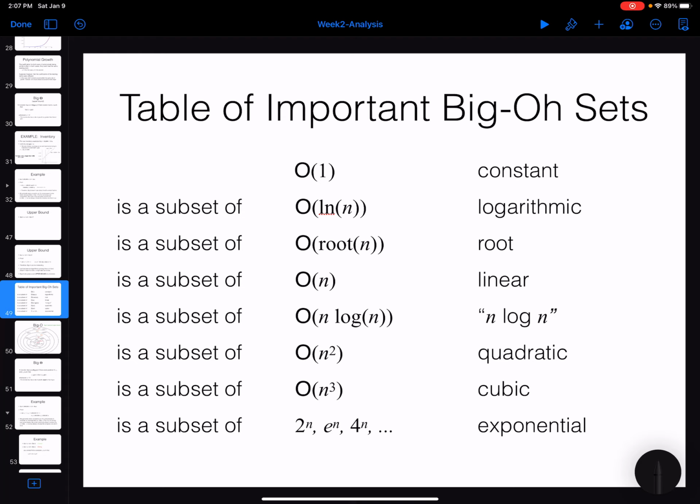The slowest set of functions, which is going to be the best time complexity that you get, is going to be the constant, that we show as O of 1. So if your algorithm is going to take a constant amount of time, it doesn't matter how big it is. For example, your algorithm is going to take, I don't know, 1 million simple instructions, but you can see that it doesn't depend on n.